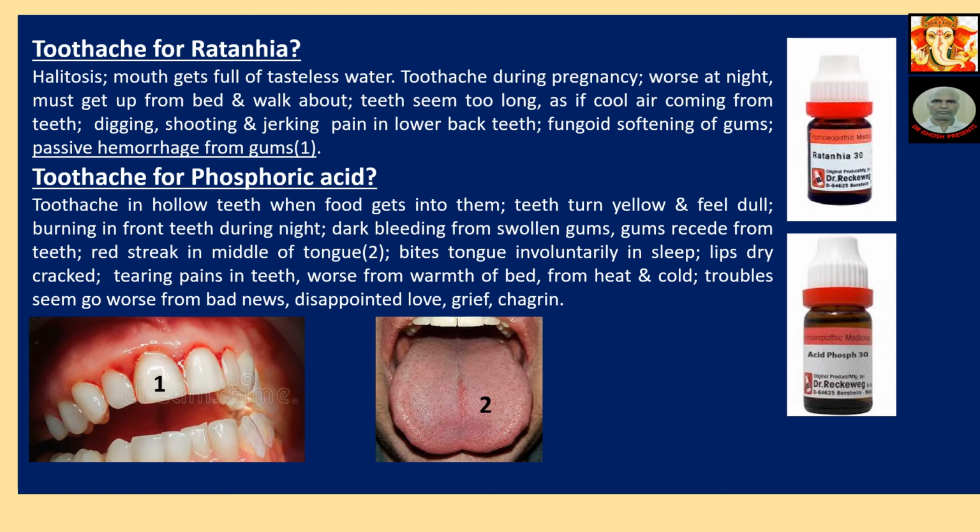Teeth turn yellow and feel dull, burning in front teeth during night, dark bleeding from swollen gums receding from teeth, red streak in the middle of tongue, picture number 2, bites tongue involuntarily in sleep, lips dry, cracked, tearing pain in teeth, worse from warmth of bed, from heat, cold. Trouble seems to go worse from bad news, disappointed love, grief and chagrin. There are so many different types of small causes from where the toothache may go worse.